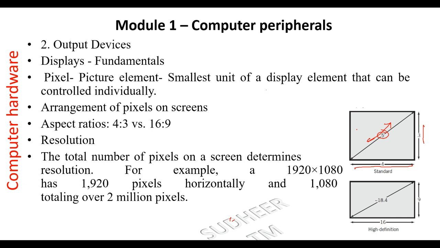That makes the first row, and the second row also has the same number of pixels. So how many rows do we have? We have 1080 rows. So a resolution of 1920 versus 1080 means 1920 pixels along each row, and 1080 rows over the screen.